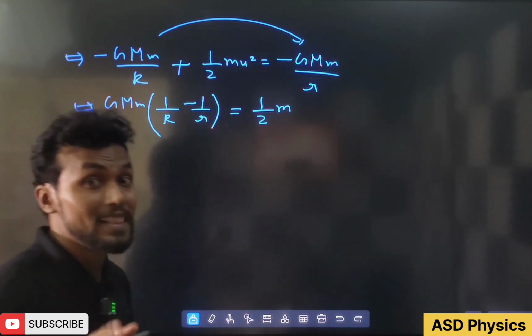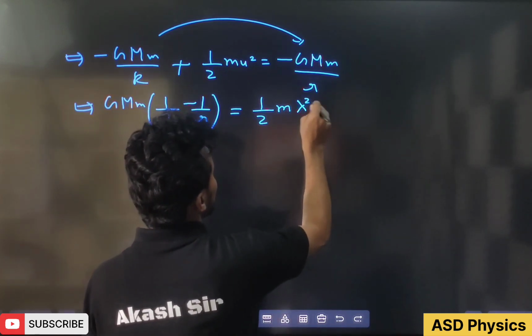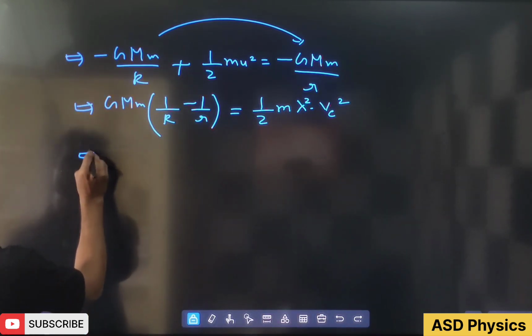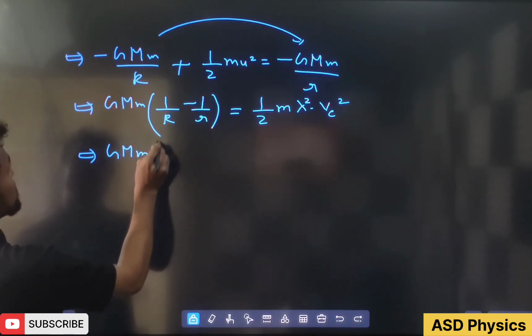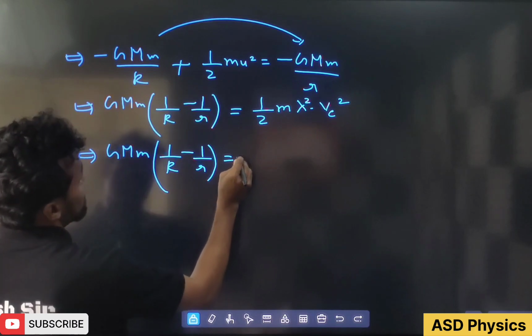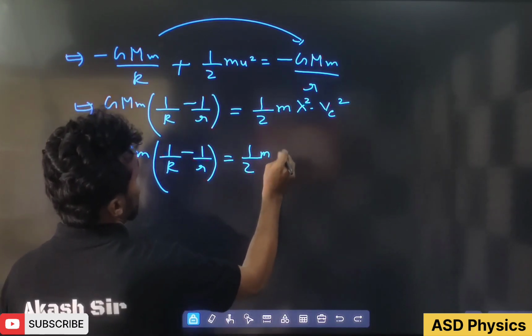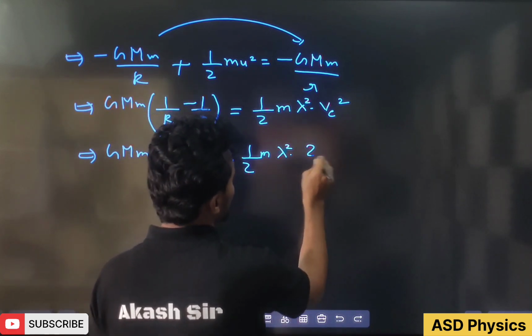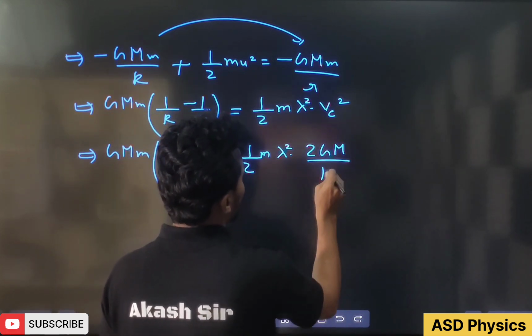U is given as lambda into VE, that means lambda square into VE square. Now we'll simplify; it is very easy, we just have to do the calculation. It becomes 1 by R minus 1 by r is equal to half m lambda square times the escape speed formula squared, that means 2GM by R.